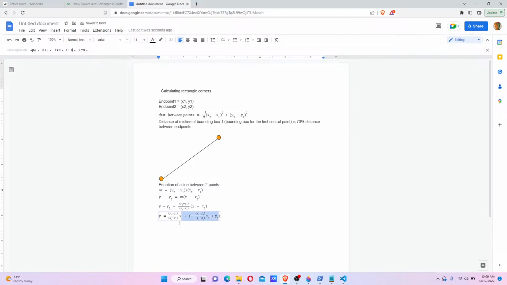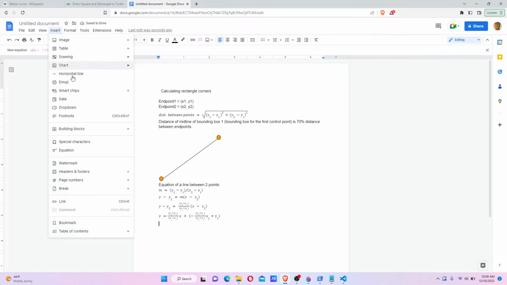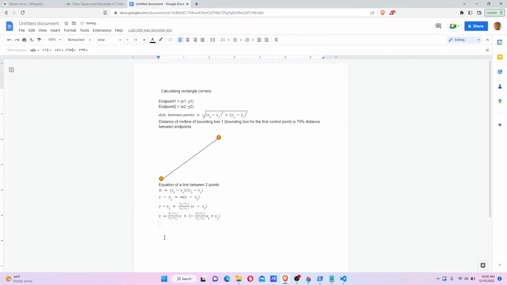So that means that this, insert the equation, is equal to b, and m, we already have m. Cool. So now we have an equation.